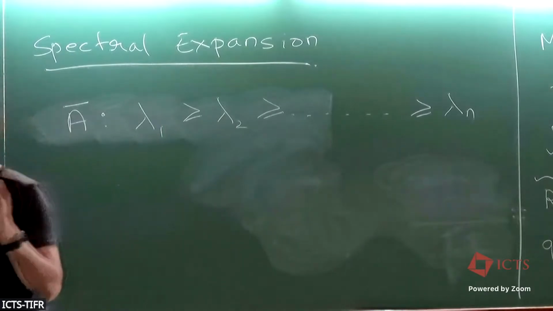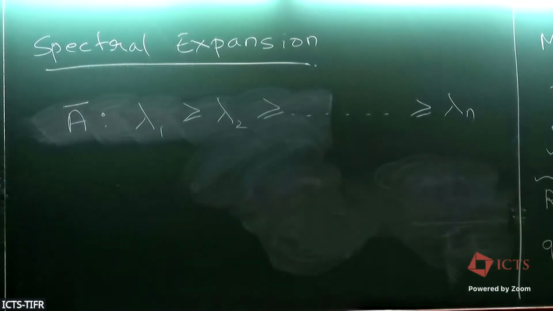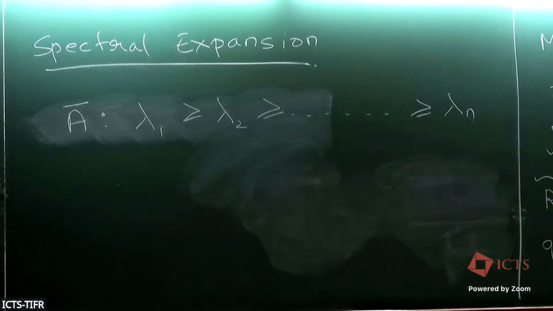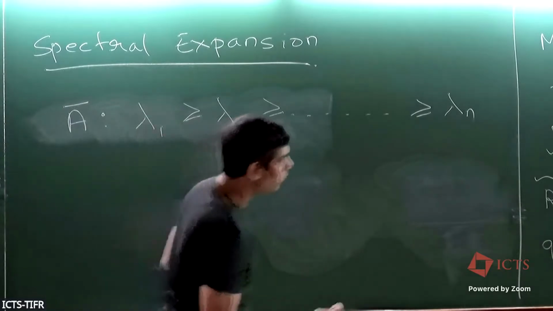It is 1. Why? For A, D is an eigenvalue. Okay, good. So lambda 1 is equal to 1.